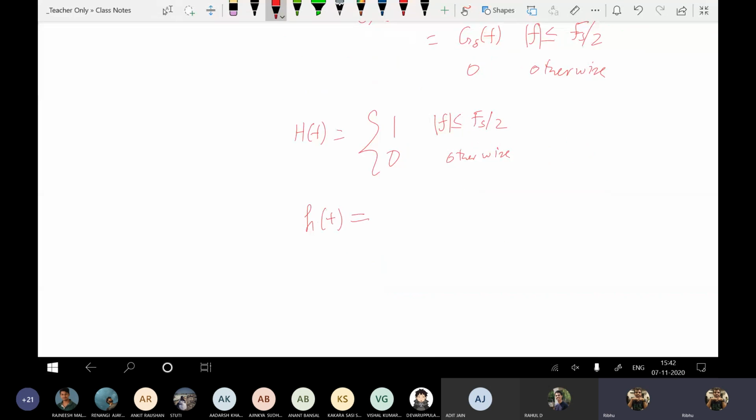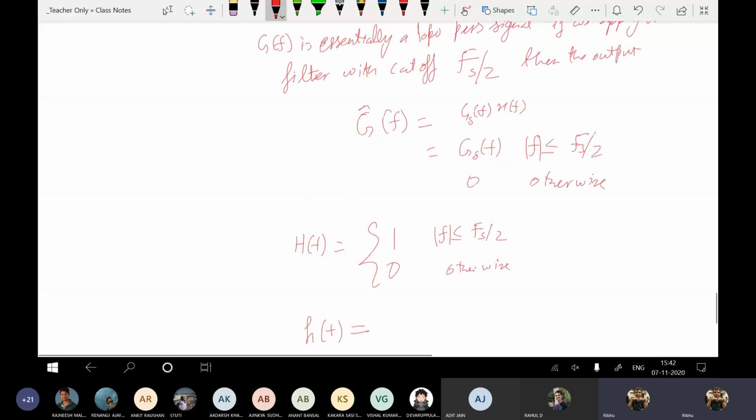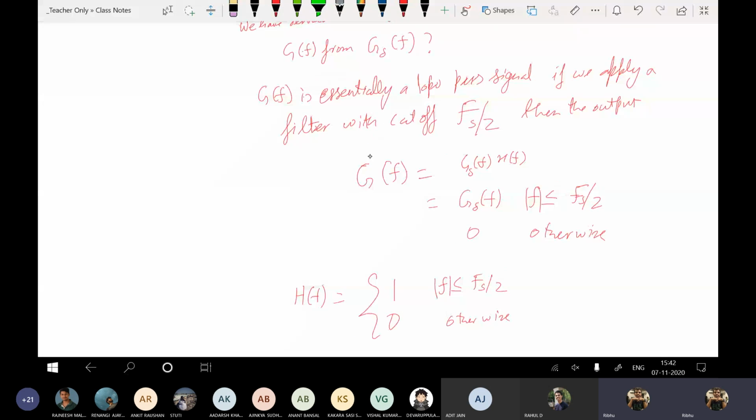H(t) equals, this G hat is a bad notation, so let me call this G tilde because G hat I have already reserved for the quantized signal.